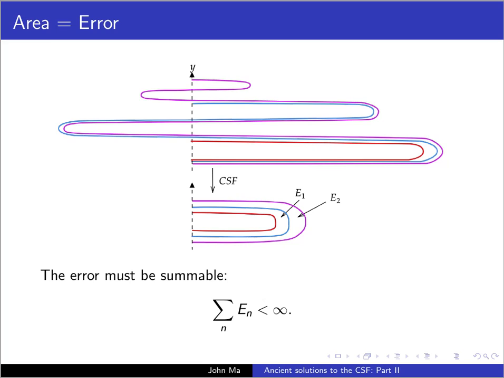Okay, so this is one illustration. So on top we have G0, G1 and G2 represented by the red, blue and purple curves. Okay, and let's say when we apply the curve shortening flow, all the figure 8s disappear. Okay, even if that's the case, E1 and E2, which are the areas bounded between G0, G1 and G1, G2 respectively, will stay there.